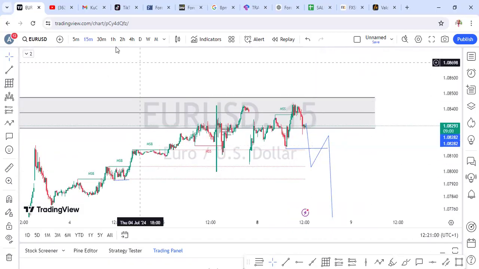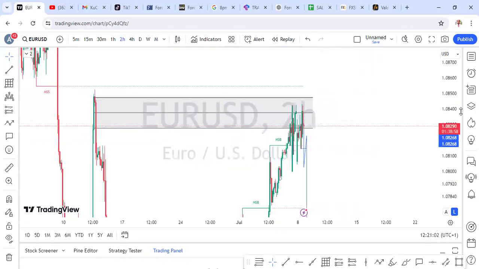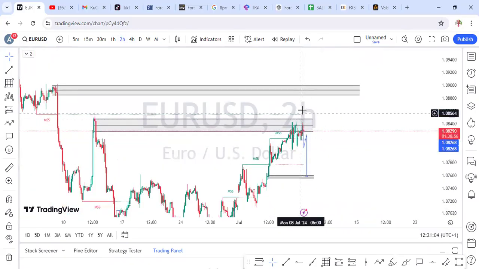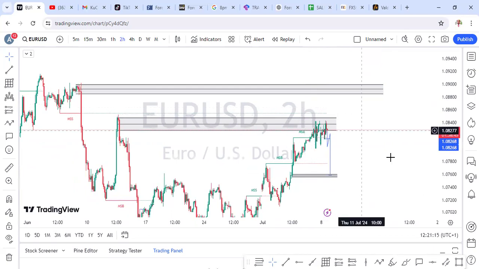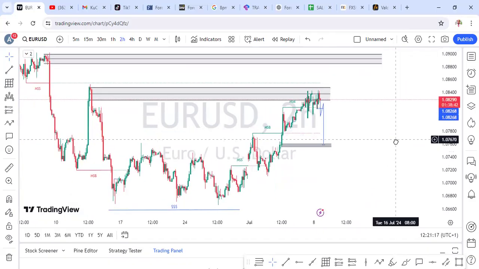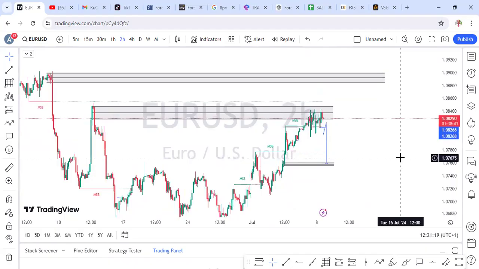But nevertheless, if price continues going up, bullish, then we'll look for a sell at this 4 hours bearish order block, which is 1.08916. So let's see how this game will play out.